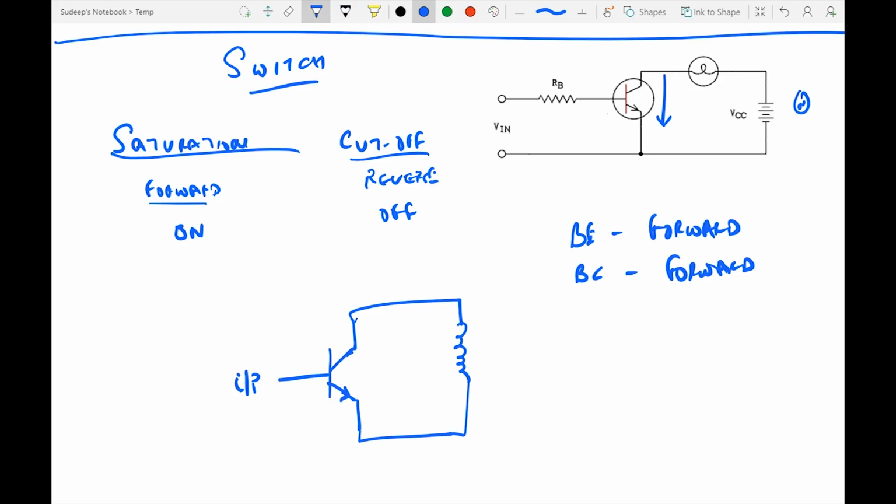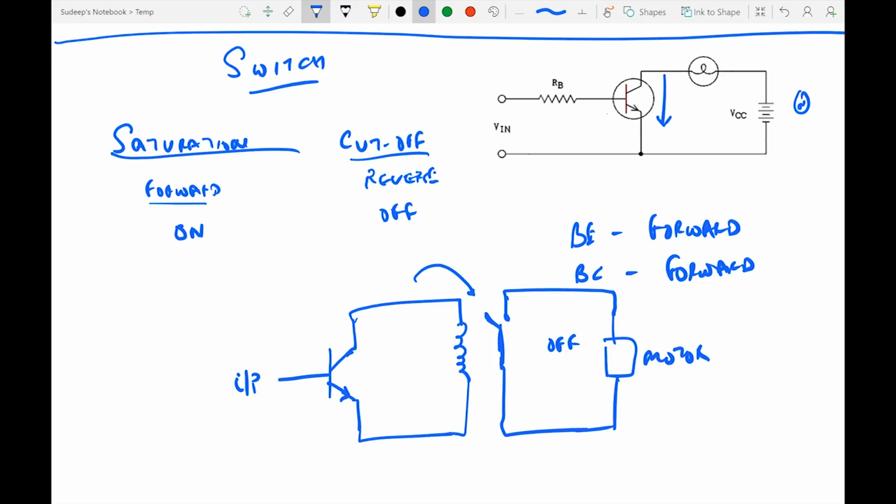A relay is basically a device which, if current flows through it, would toggle a metallic strip towards one of the terminals. Let's say this is a motor, and I connect it this way.